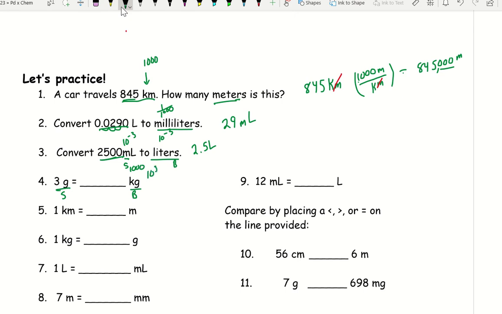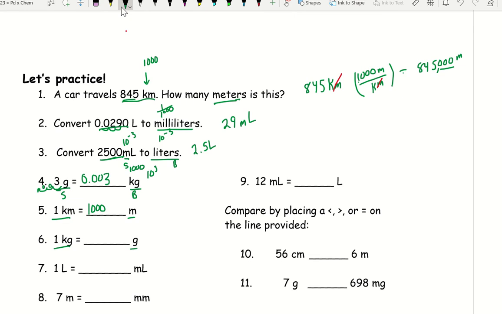And so I'm going to move this over 3 places. 1, 2, 3. 0.0. Notice how there's 1, 2 zeros in front of the 3. 0.003 kilograms. 1 kilometer is how many meters? That's right from the conversion table.